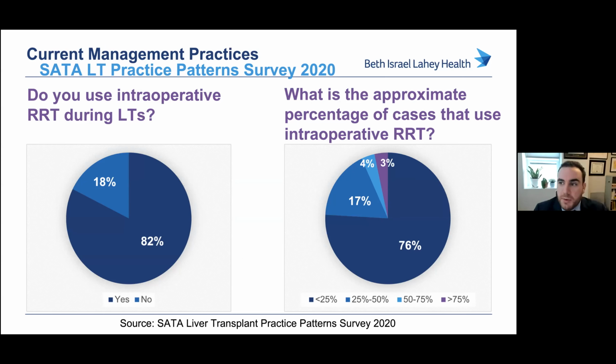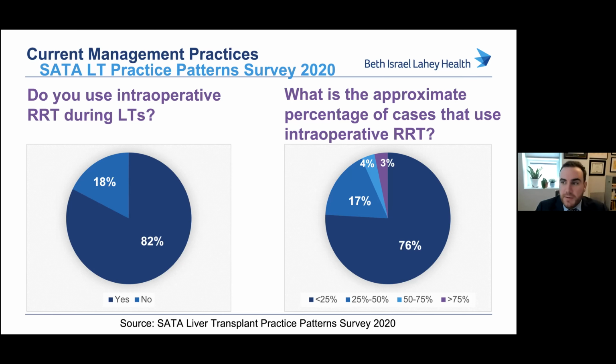As far as current practice management, SATA actually sent out a practice survey to about 70 or so transplant centers. The directors of the liver transplants, the anesthesiologists, responded to the survey, and it wasn't just on kidney dysfunction, it was on a whole host of issues.